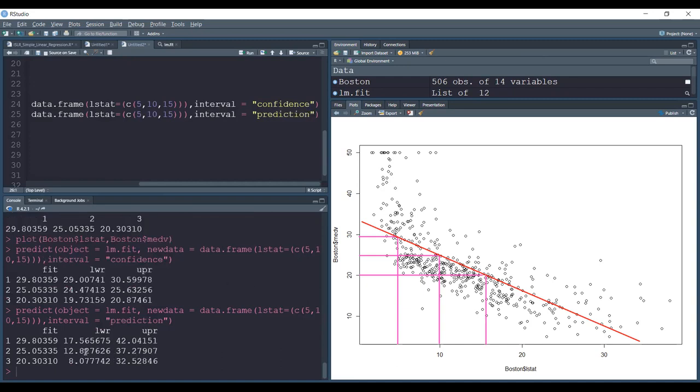So why don't we focus on, for instance, 10? We have between, this is a really narrow interval, isn't it? It's between 29 and 30, whereas this is between 17 and 42. Let's have a look at the 17 and 42.